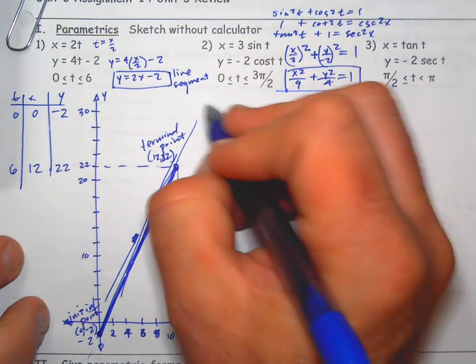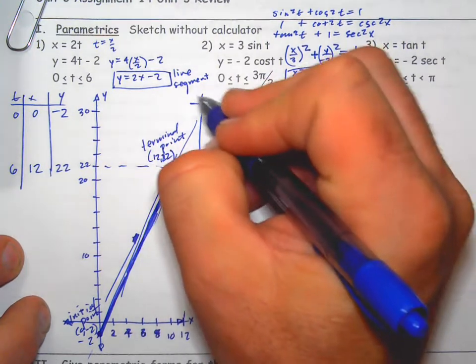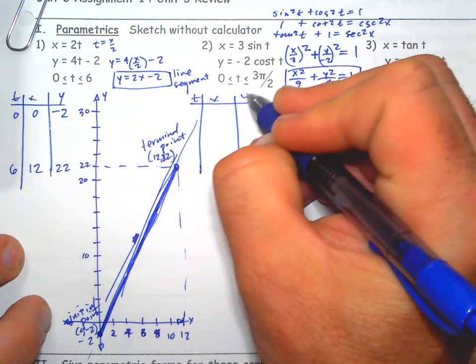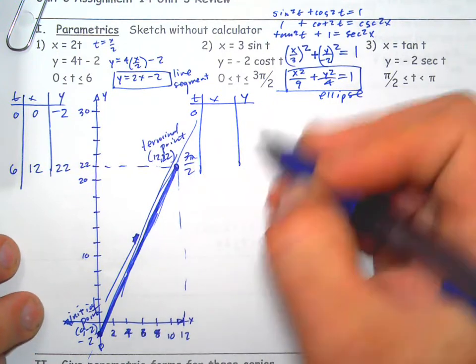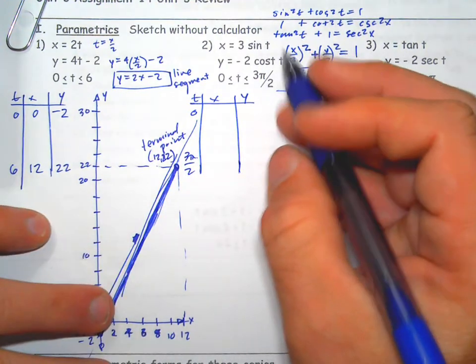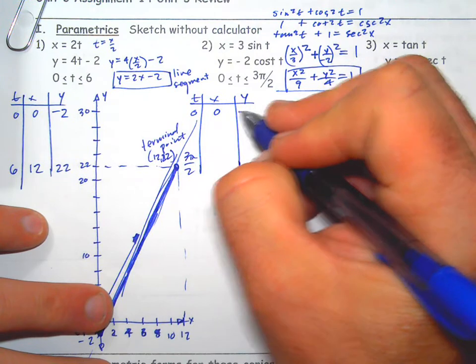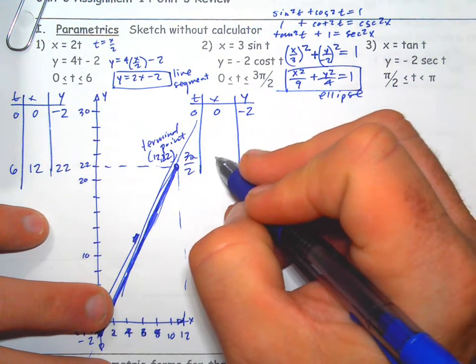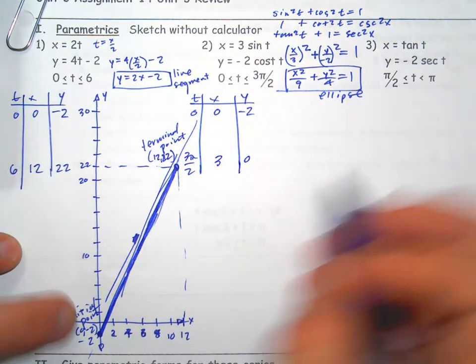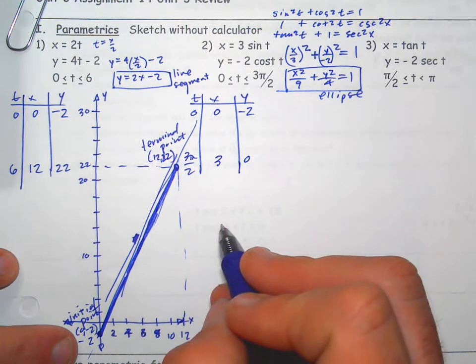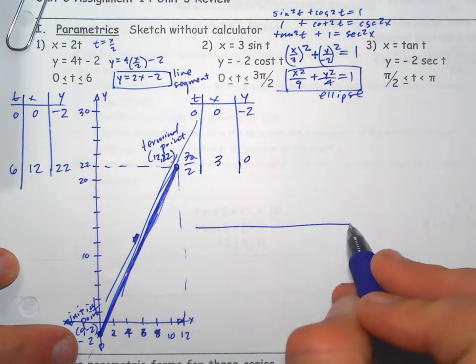We make a table. 0 to 3 pi over 2. Plug 0 in, 0, -2. Plug 3 pi over 2 in, you get 3, 0. And sketch this graph. So it's bigger in the x direction than the y.